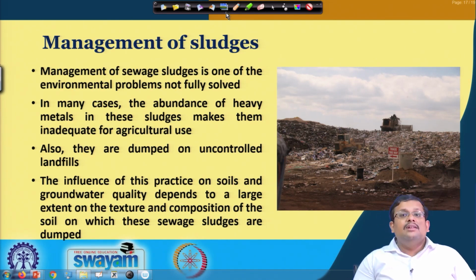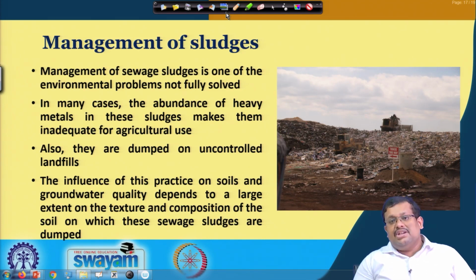It is quite natural because of the different soil physico-chemical properties. The movement of heavy metals or other organic chemicals from the sludge is impacted by the physico-chemical condition of the soil on which it is dumped.